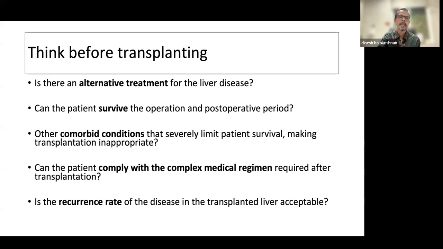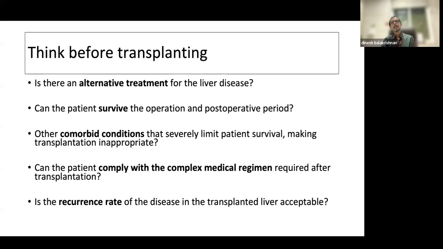If on the stress test they find that the patient has compromised coronaries, we may have to do an angiogram and look at the coronaries. Is it possible to better the transplant survival possibility by optimizing the coronary blocks? These are all discussions which happen in the pre-transplant evaluation phase.